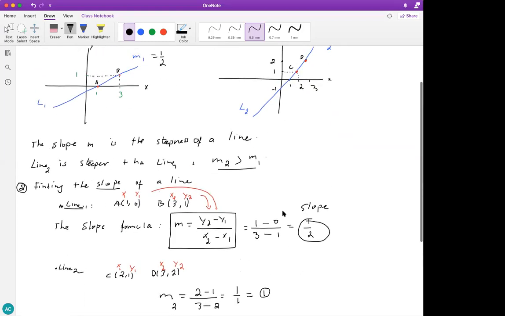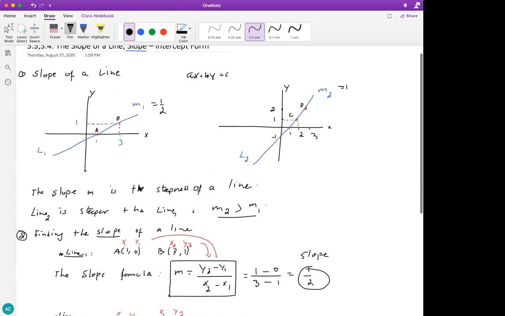Okay, so that's basically the idea of slope. Just remember the steepness of a line. The steeper the line, the higher the slope is, or the higher the absolute value of the slope, because sometimes the lines might be going that way.